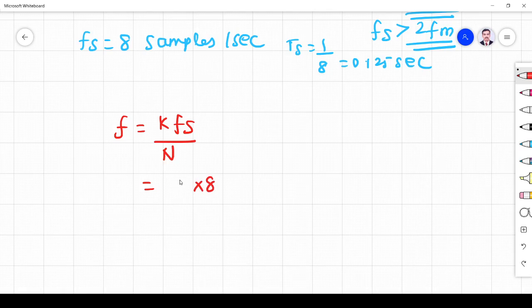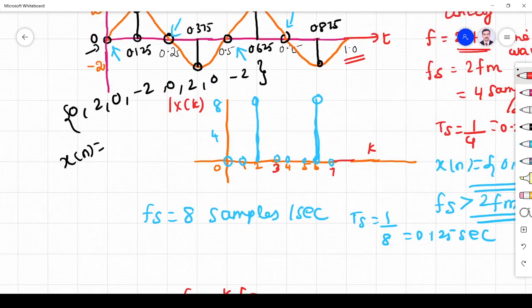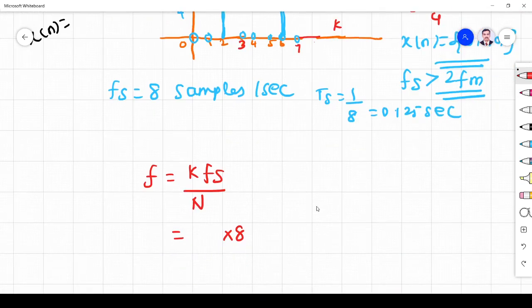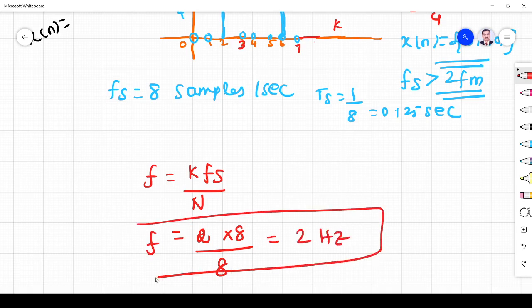What is my k? Where does the peak occur? The peak occurs at k is equal to 2. How many point DFT have I taken? 8 point DFT. Now you tell me what is my analog frequency? 2 Hz, that's what we have taken. This is the analog frequency, and this is the sampling frequency, right?